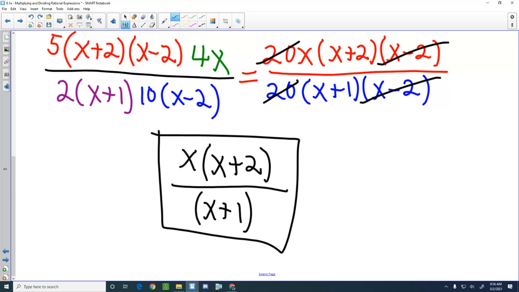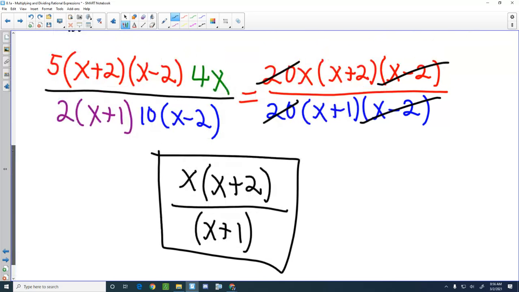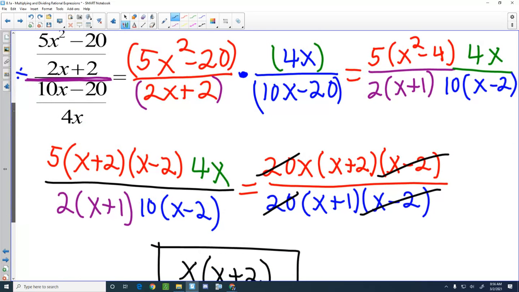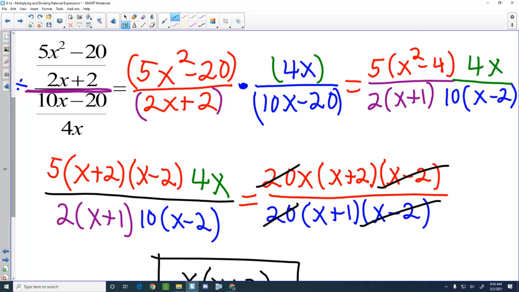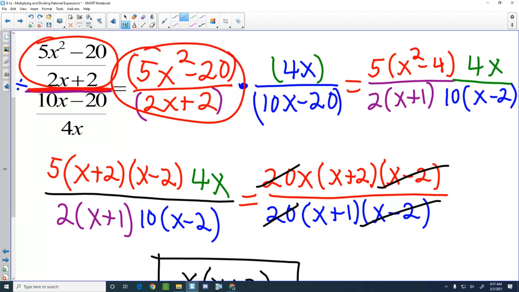Carson? Okay. Do you see it? I did that back in the first step. So like from right here, when I see this bar means division, right? A fraction means division. And so this numerator stays the same. See how I didn't flip anything?